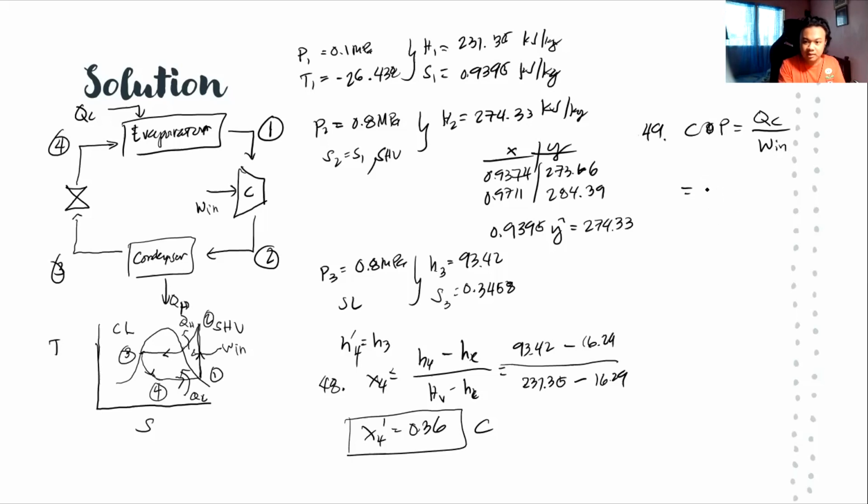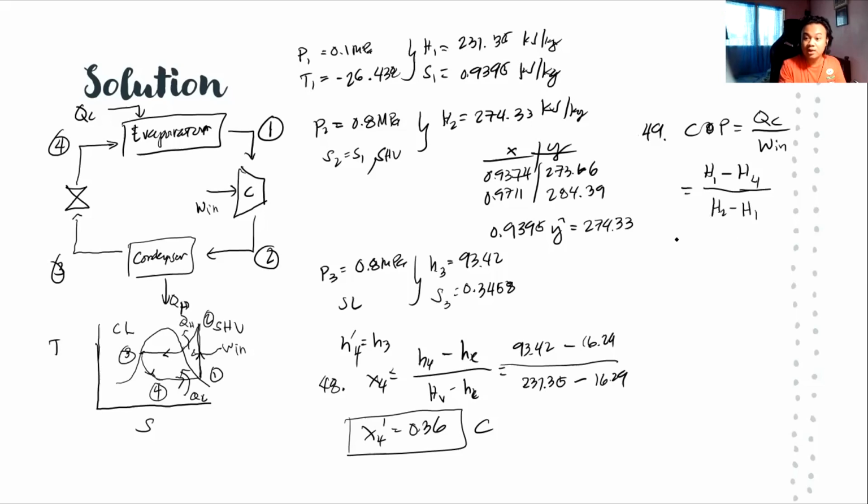QC is here, di ba? H1 minus H4, and then W in is H2 minus H1.